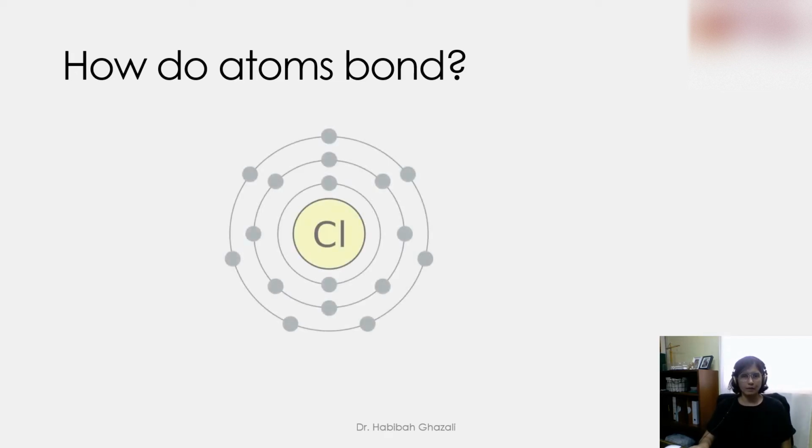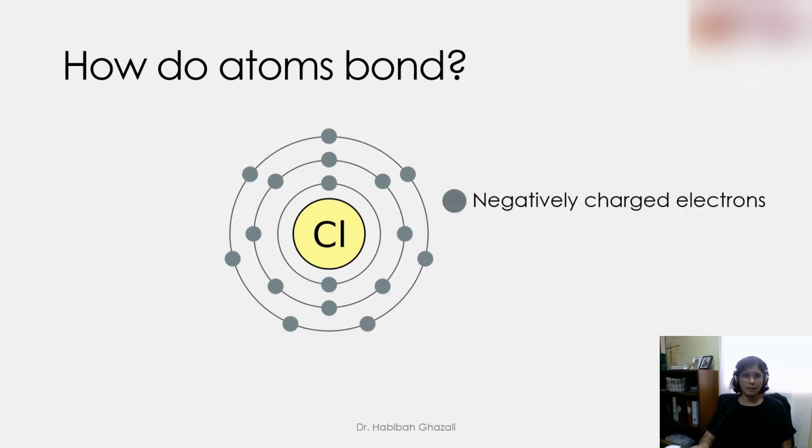For example, here I have chlorine. Chlorine has 10 electrons in the complete inner shells. If you look at shell number 1 and 2, these are complete, but shell number 3 only has 1, 2, 3, 4, 5, 6, and 7 electrons, so it's not complete.